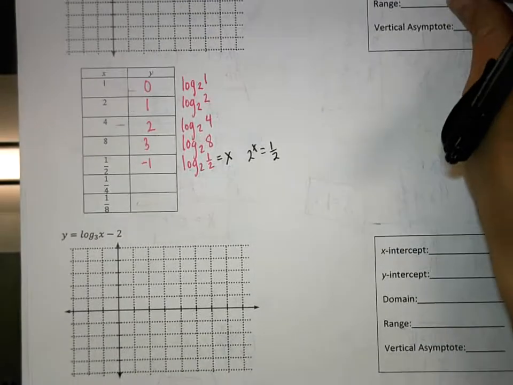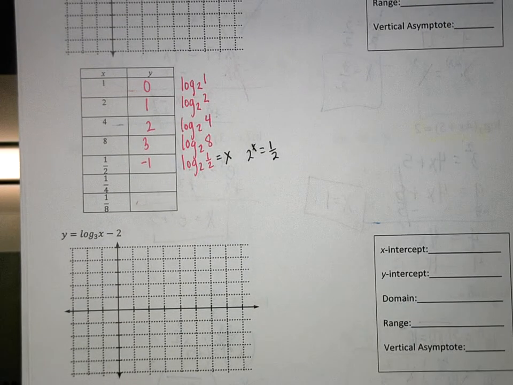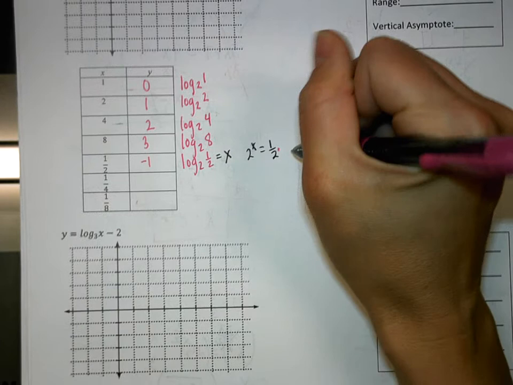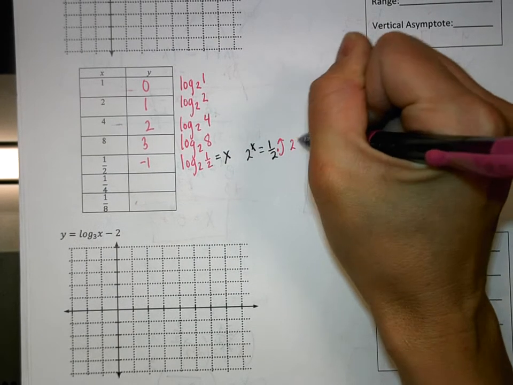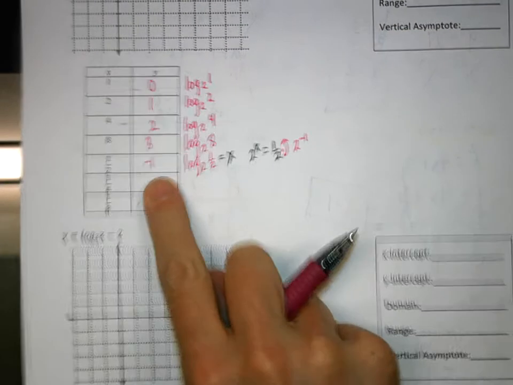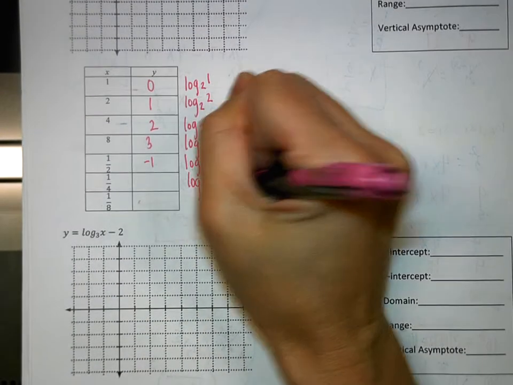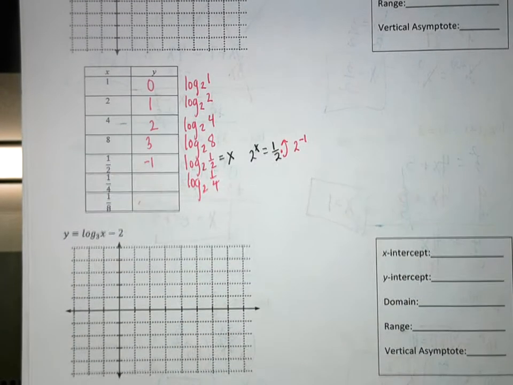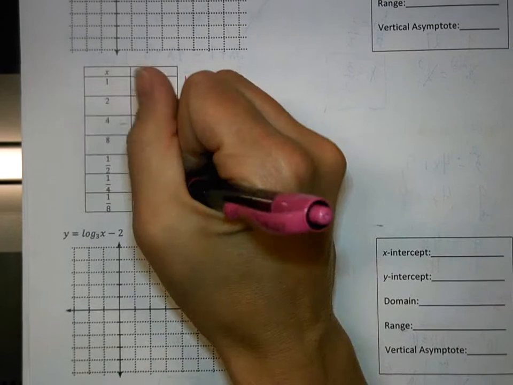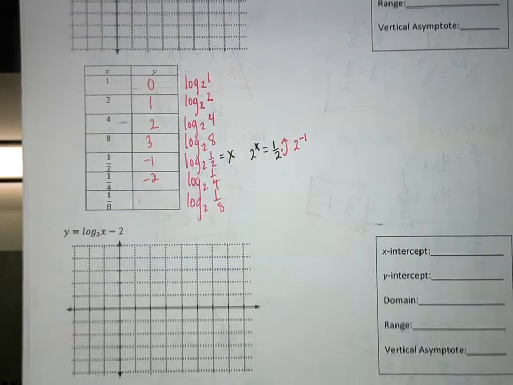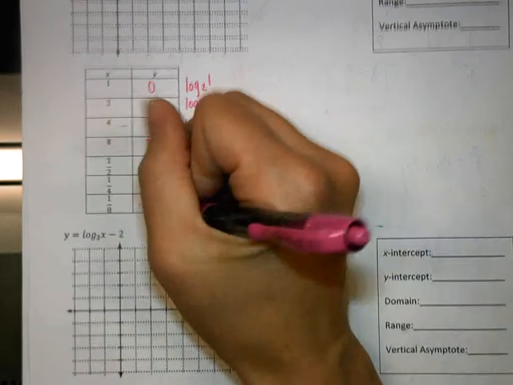In order to get rid of that 1/2, we know that 2 is to the first, so to bring it up, we get 2 to the -1, which is why that value is -1. So when we have log base 2 of 1/4, that answer will be what? Very good. And then the last one, log base 2 of 1/8, will end up being -3.